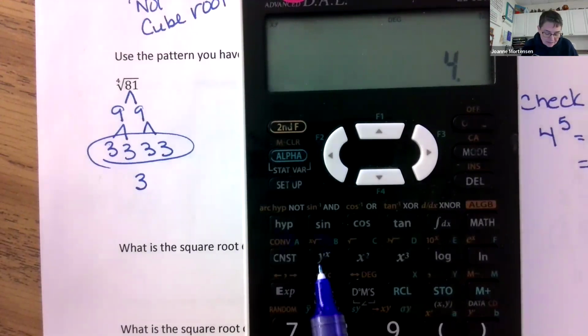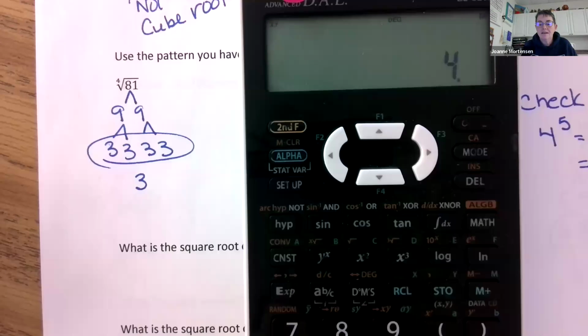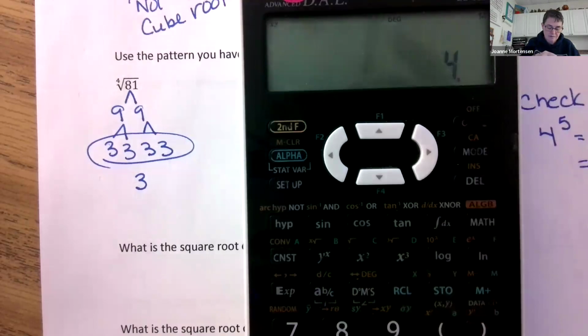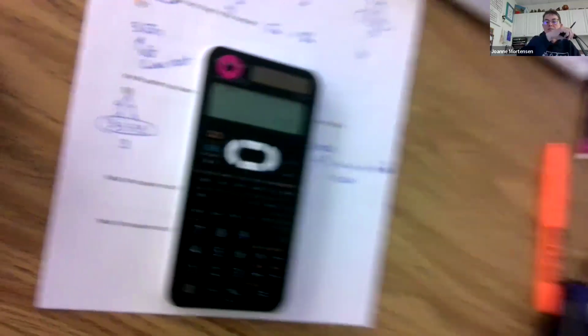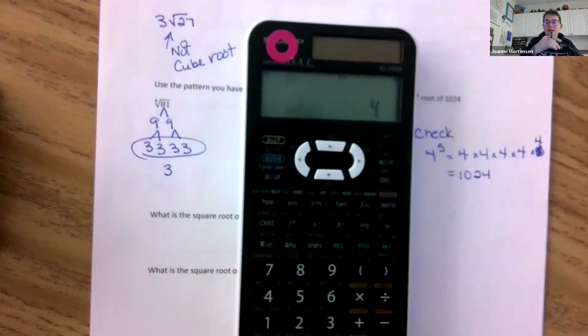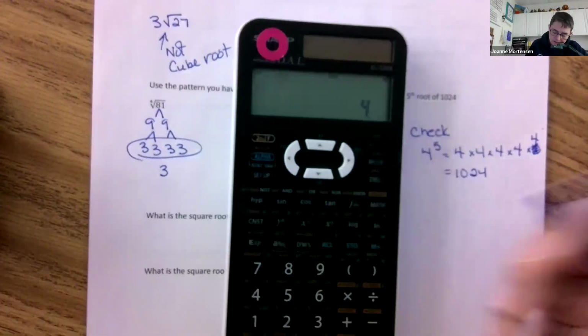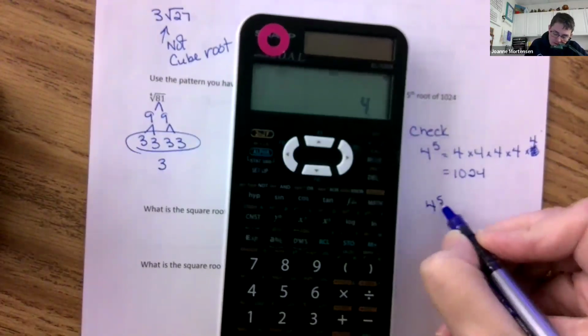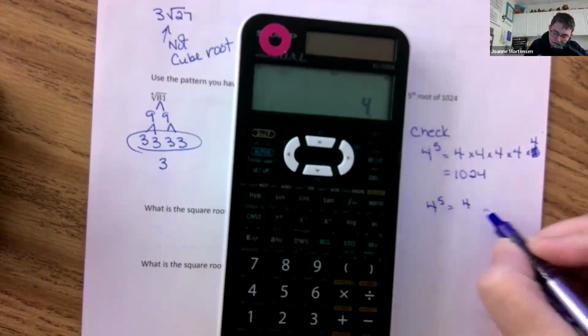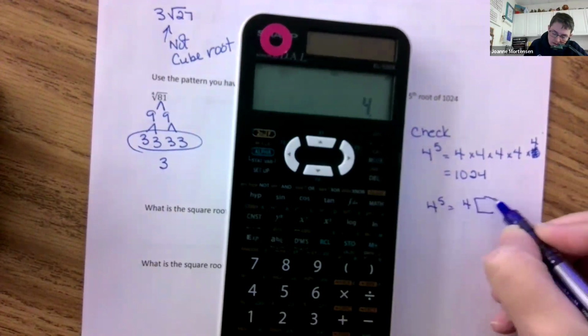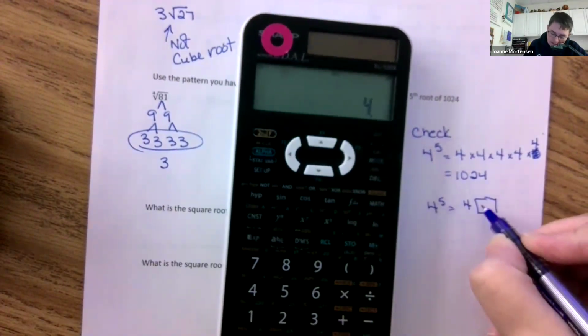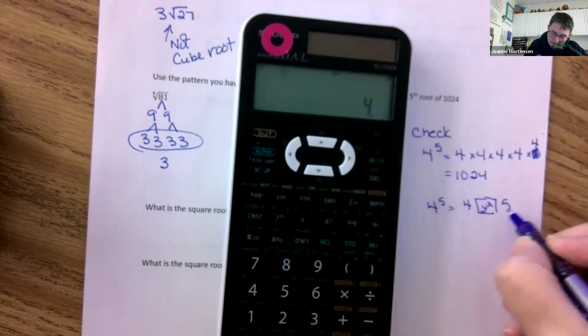There's a button here that says y to the x. And it's like this squared button that you can't really read anymore either. But it allows you to pick whatever exponent you want. So, whoops, too far. I can also go 4 to the 5th, and I can go 4, and then I hit this one is y to the x and 5.